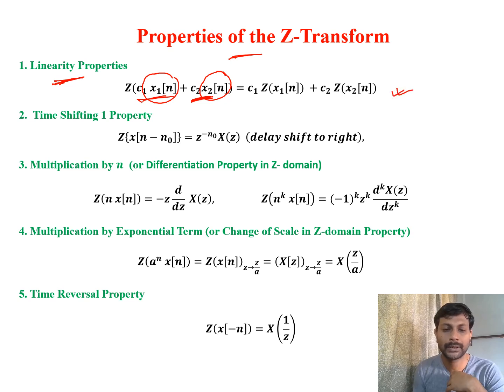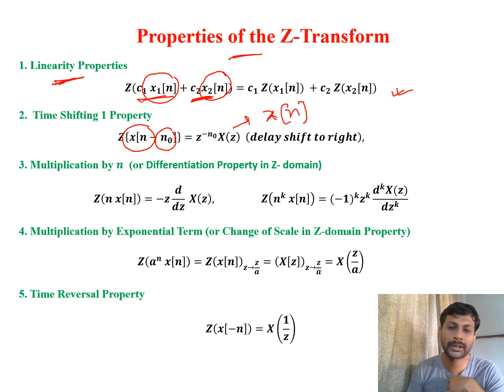Time shifting property: if we know the value of x n, by the time shifting property we can determine the Z transform of the signal delayed by n naught, which is z to the power of minus n naught X z. So X z is the Z transform of x n. We simply multiply by z to the power of minus n naught, that is the delayed time.